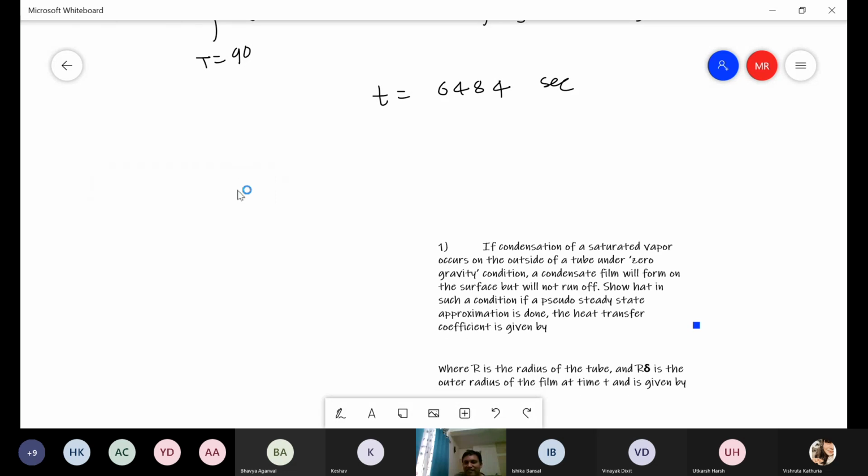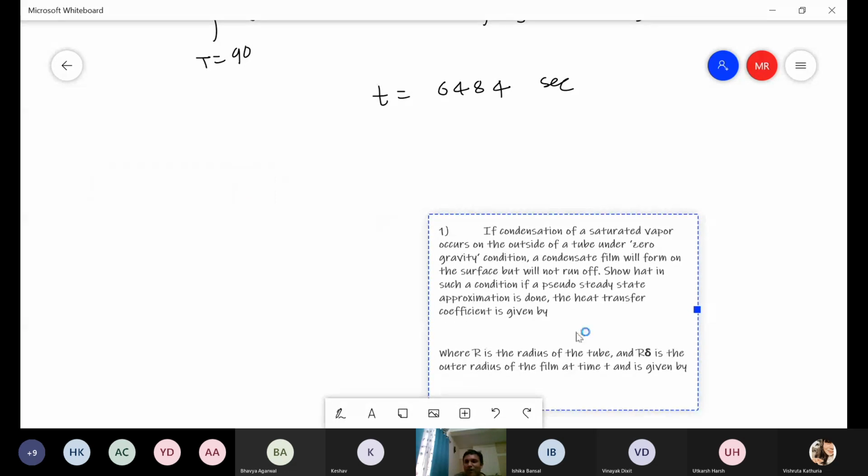Anyway, these equations are not coming here. So can you look at the equations in the tutorial sheet? The equations are not coming in when I am copying the things.